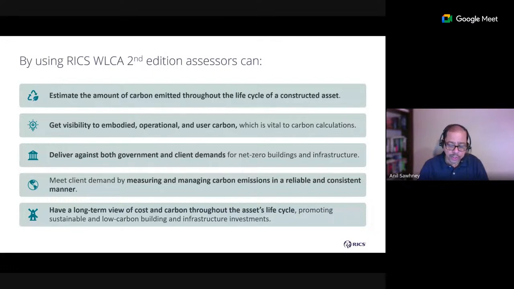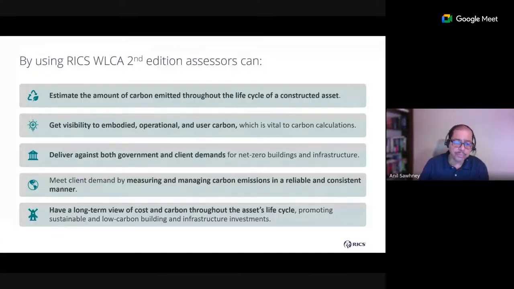It helps you deliver against both government and client demands for net zero buildings and infrastructure. Then we meet client demand by measuring and managing carbon emissions in a reliable and consistent manner.